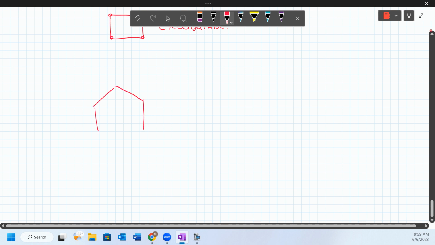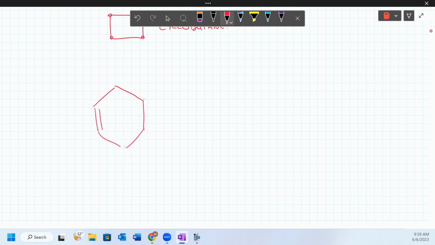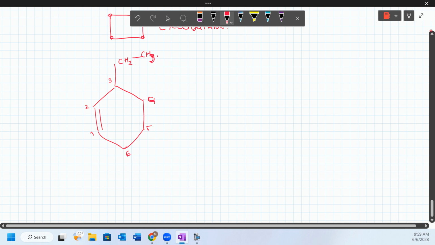Well, when we have a double bond or a triple bond in a cycle, let's suppose that we have a hexagon like this, and then we have a double bond here. We always start so that the double bond is number 1. So 1, 2, 3. And let's suppose that here we have an ethyl on 3, and this is 4, 5, 6.